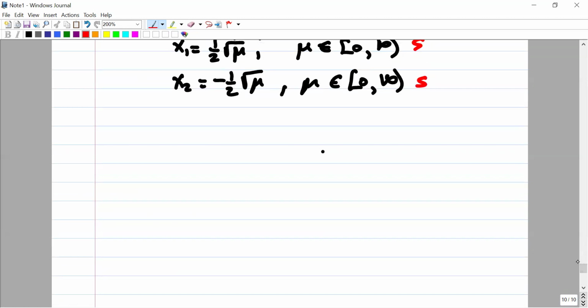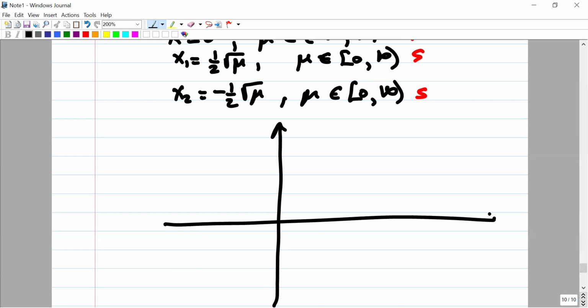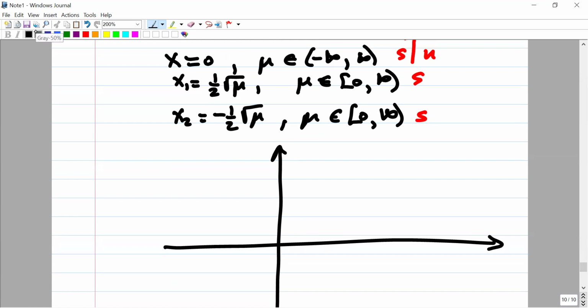So let's try a diagram. This is where your sketching skills are needed. The square root of mu just scaled by half. We will then just start from 0 and do this. This is x2 equals plus half of root mu.